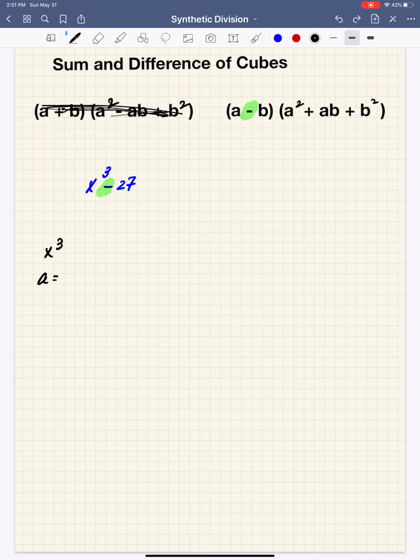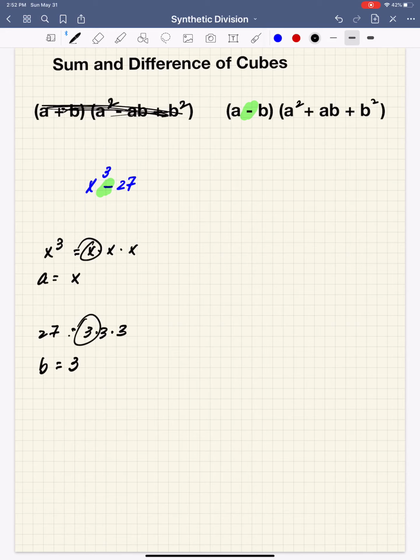So the cube root of x to the third is x, because it's x times x times x. And then for 27, that b value is going to be 3, because the cube root of 27 is 3. It's really 3 times 3 times 3, so you can see that that cube root is actually going to be 3.